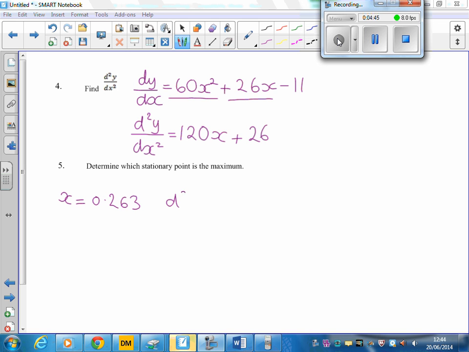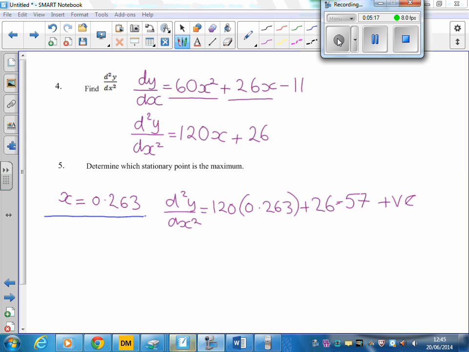If I substitute that into d squared y over dx squared, I get 120 times 0.263 plus 26. This gives me 57.56. But all I really need to be looking at is the fact that this is a positive value. So because it's a positive value, I know that at x equals 0.263, I have a local minimum point.